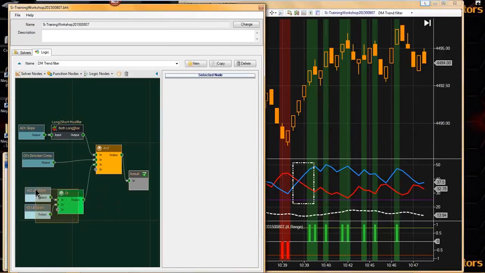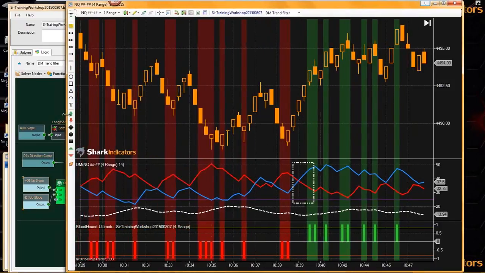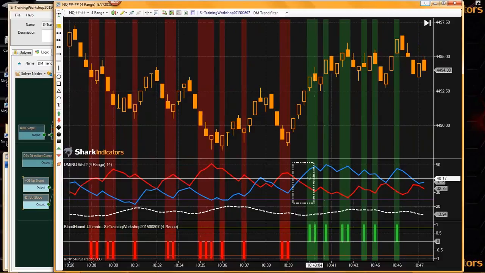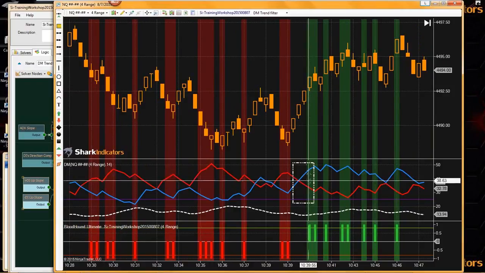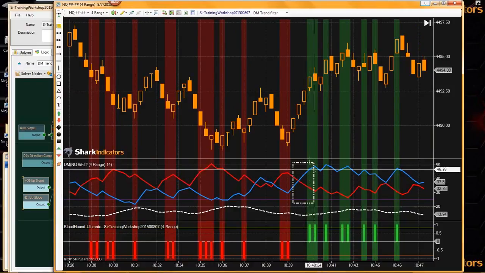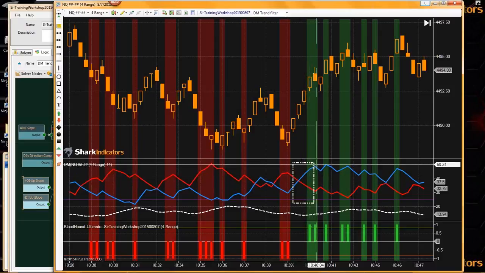So now this is looking at really strong moments of the trend. So we have to have the ADX sloping up, telling us we're in a trend, and we have to have the DIs, basically the DIs have to be pointing away from each other, right?